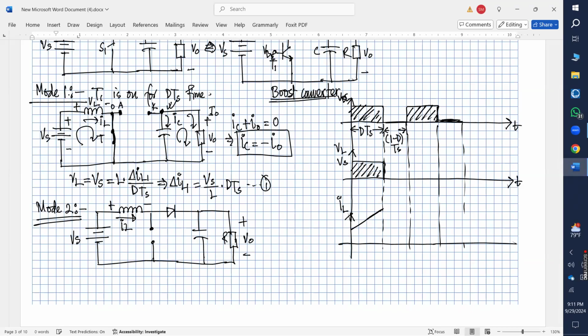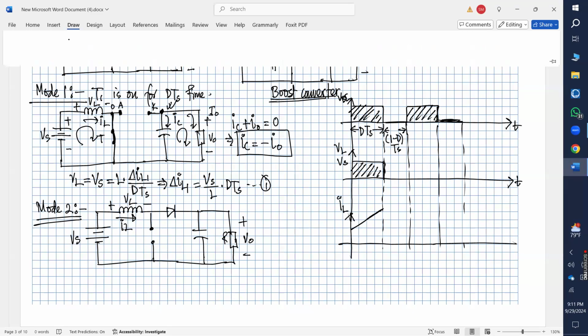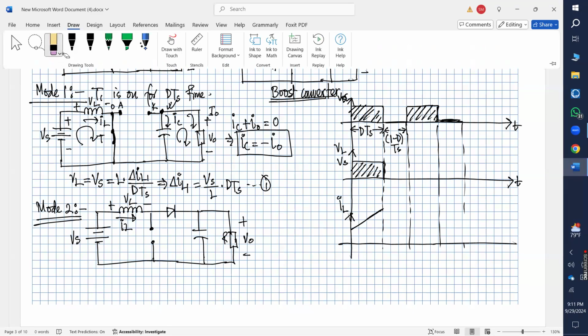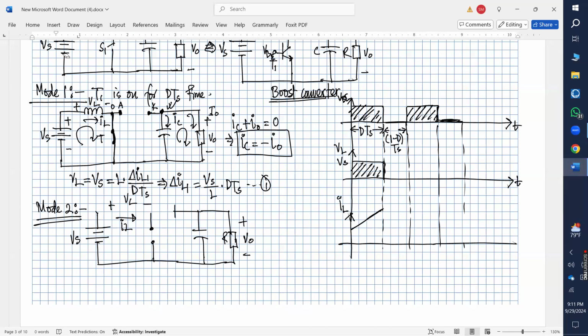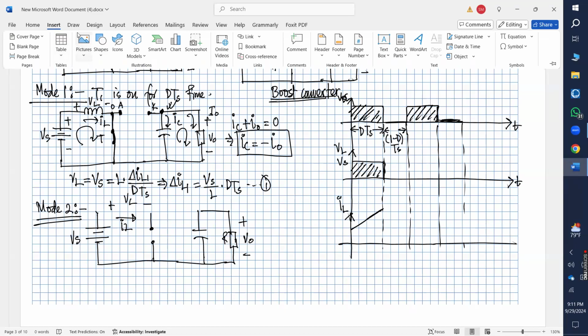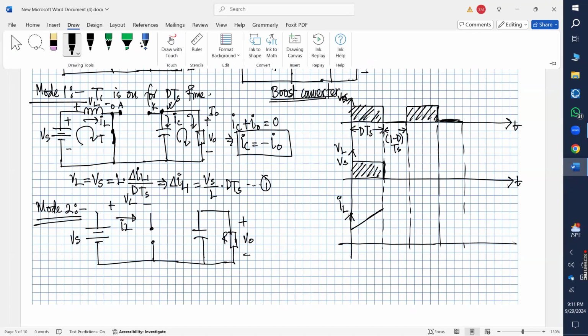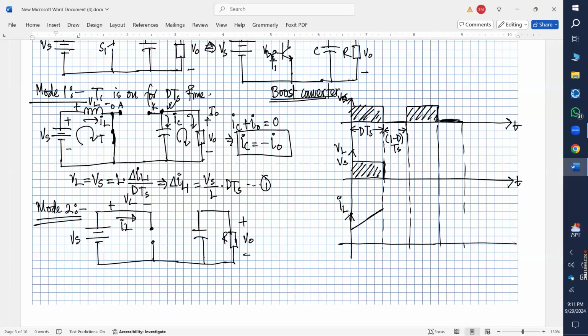Now, for mode 2, this inductor current is going like this. This is my VL. So this current will turn this diode on. And if this diode is turned on, then instead of this diode we can consider a simple switch that is short circuited.